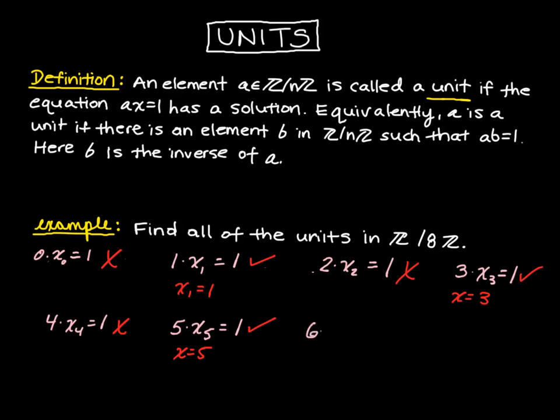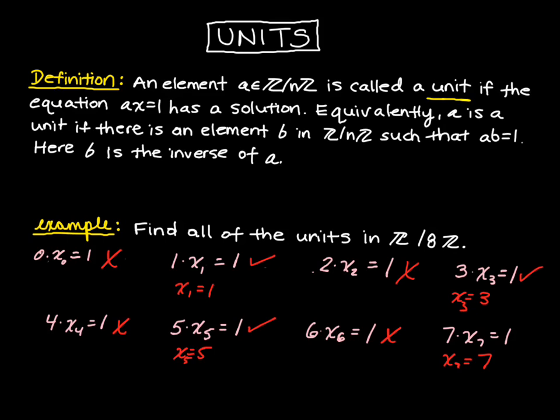Now we try 6 times x6 equals 1, and that is not going to have a solution. And the last thing we'll try will be 7 times some x7 to see if this has a solution. And it turns out that it does. This one is going to have a solution of x7 equals 7, because 7 times 7 is 49, and 49 is congruent to 1 mod 8.